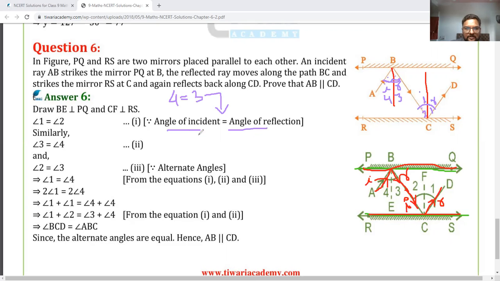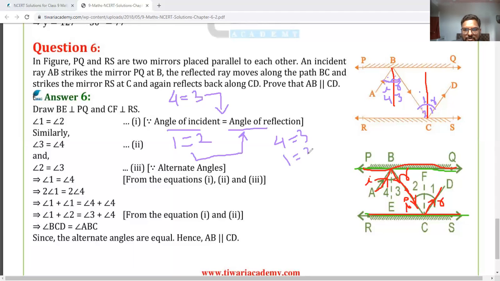Similarly, I can say angle 1 is equal to angle 2, again using the law of reflection. So looking at this figure, we can draw it this way. 4 is equal to 3, what we obtain now.